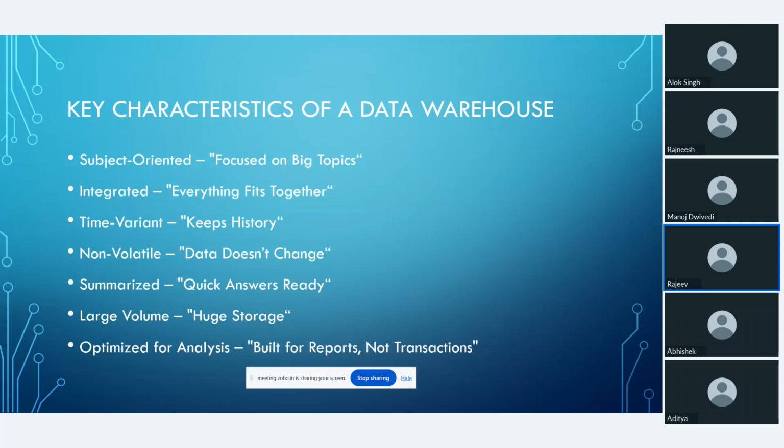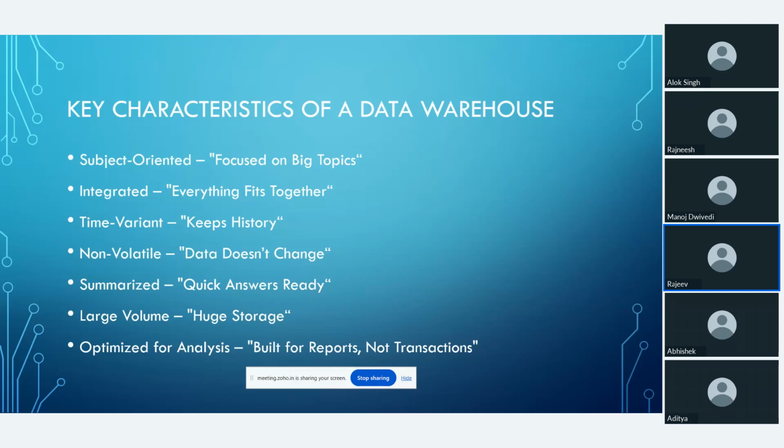It is not tiny details like your daily transactions. You can think of it as a library organized by major subjects instead of individual receipts. So the first feature of a data warehouse is to focus on a bigger topic.